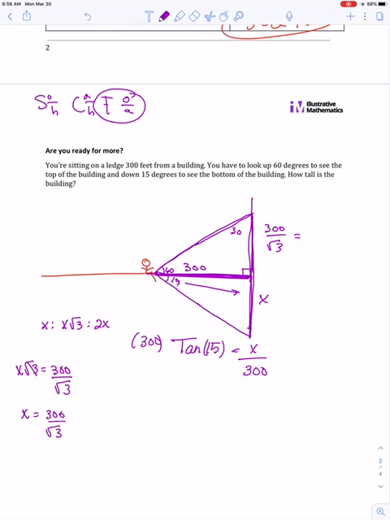So multiply both sides by 300, and so I get where my opposite side is. And I didn't work this one out yet. I thought I did. So I get tangent of 15 times 300. So I'm going to round it to a whole number and do 80 feet. So I know this is 80 feet.